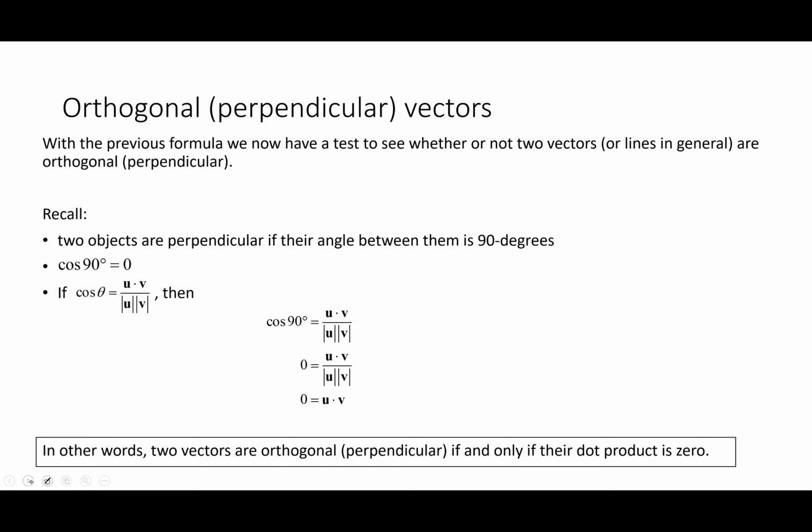Well, let's take a look at this bullet point list. Recall that the definition of two objects being perpendicular is that the angle between them is 90 degrees. We have a formula that's based upon cosine. So the cosine of 90 degrees is, of course, 0. Well, if this is the formula that we developed, then 0 equals the fraction, and we should know that the only time a fraction equals 0 is if the numerator equals 0.